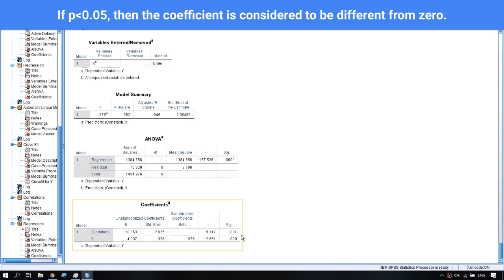So here we know that this constant term is significant in the population data. And the same is true for the slope, or the coefficient of x. The p-value here is 0.000, again too small to show any non-zero digit. So the conclusion is that the slope of the straight line is also different from 0 in the population data.